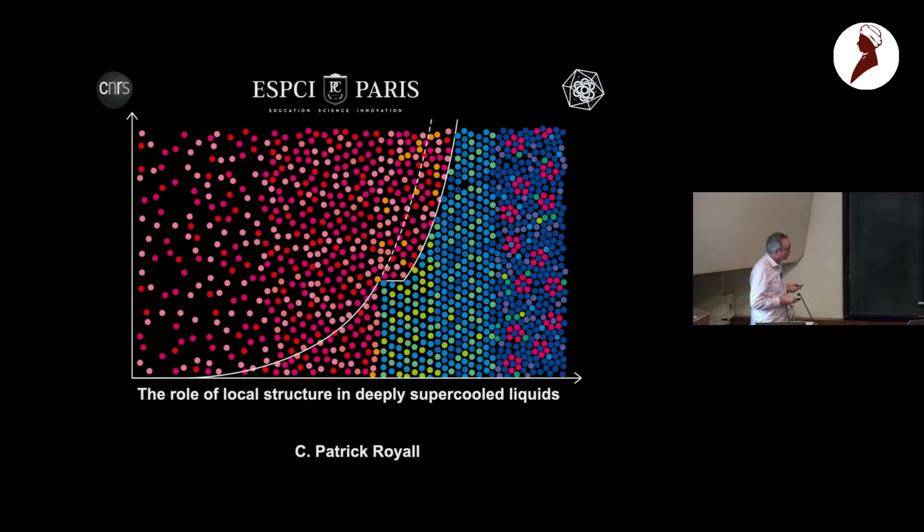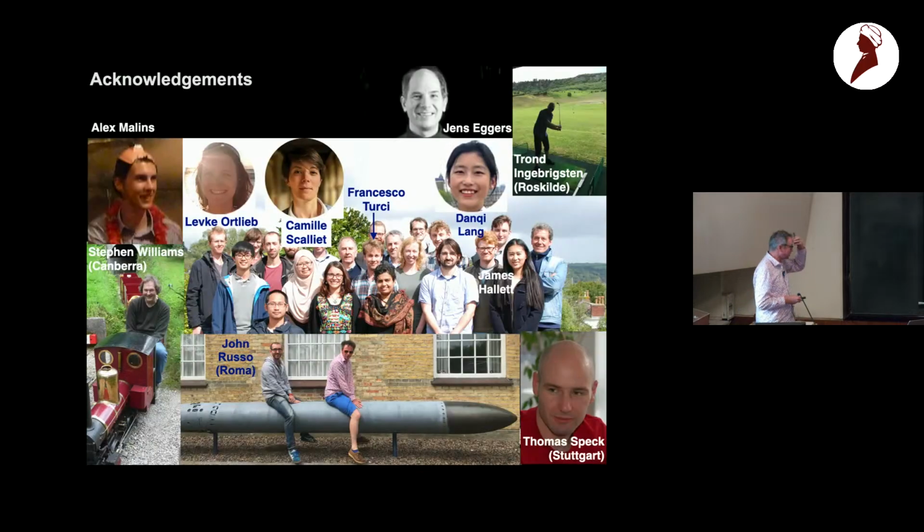So what I'd like to start with is by acknowledging those who've done the work. A lot of this was work of PhD students, Alex Malins, Livka Ortlieb, and more recently Dan Chilang, who was a master's student with me in Paris, and James Hallett and Francesca Tucci were postdocs.